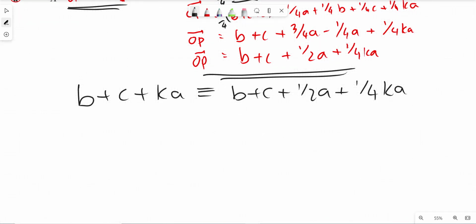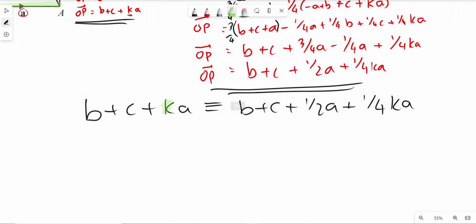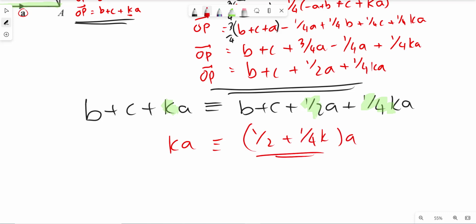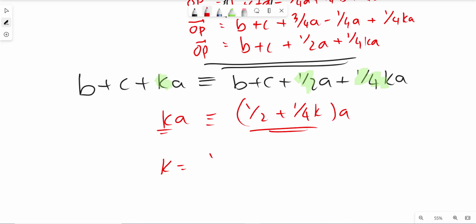My B's and C's are irrelevant, but if I look at the coefficients of A, I've basically got KA is equivalent to 1/2 plus 1/4 K lots of A. So equating the coefficients, these have to be equal to each other because they define the same journey. We have that K is equal to 1/2 plus 1/4 K.